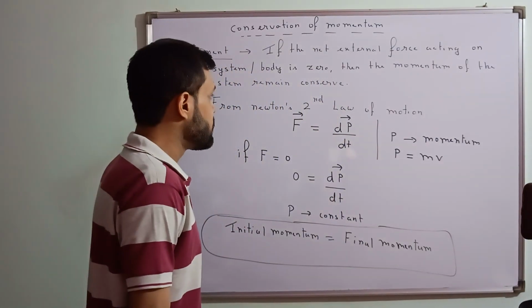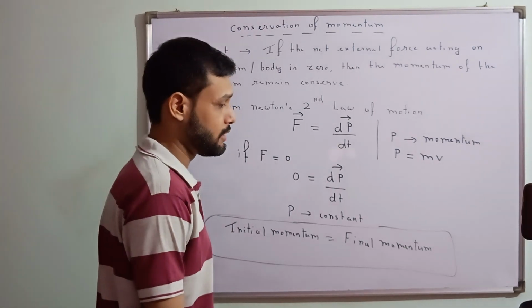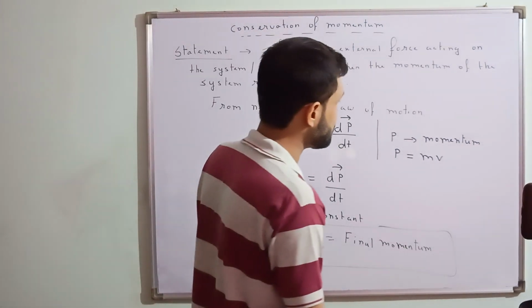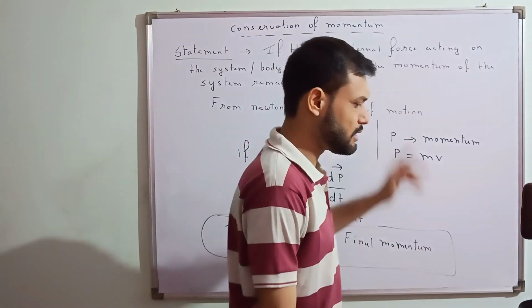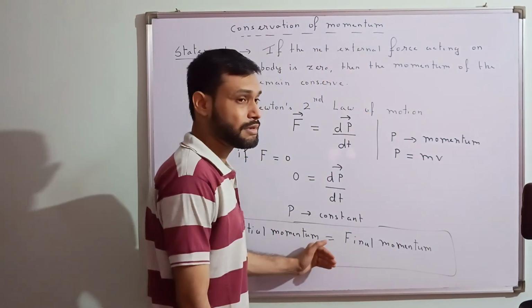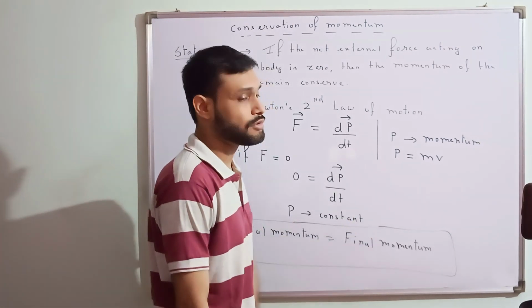No, I don't think they are going to ask any such thing. They will be asking numericals, not much about the derivation. The concept is important, and numericals are important. They will ask questions about this.